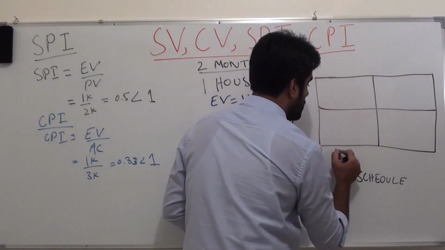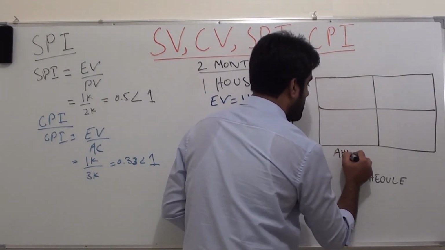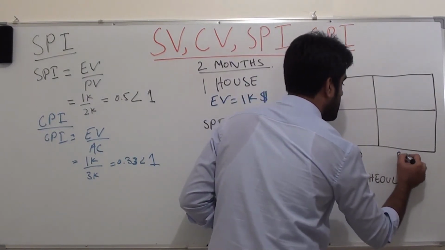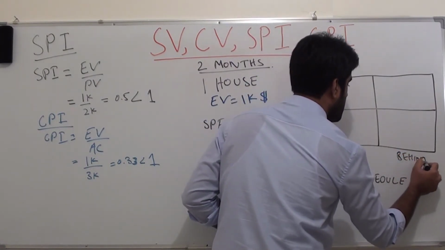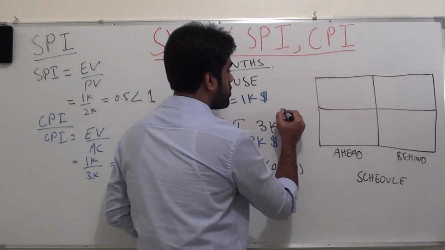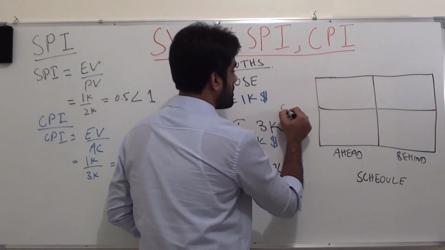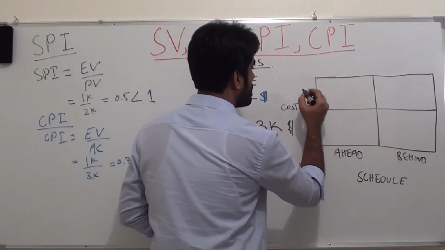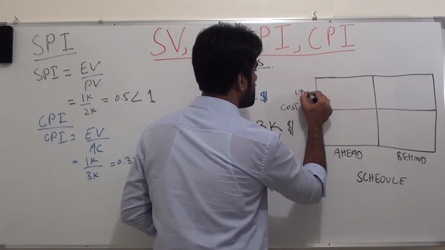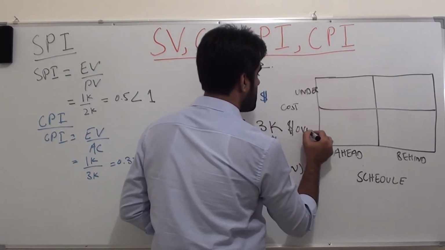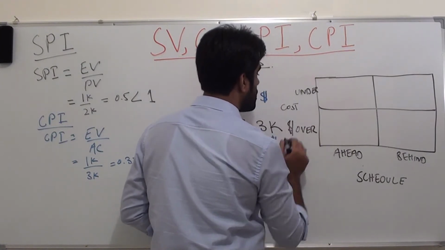These two boxes are for ahead, and these two are behind. And this is cost: this is under, this is over.